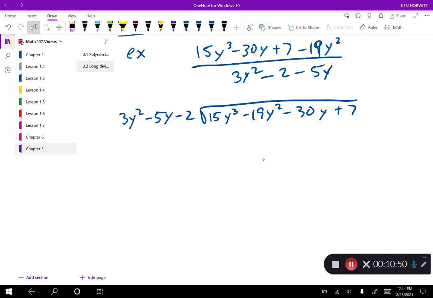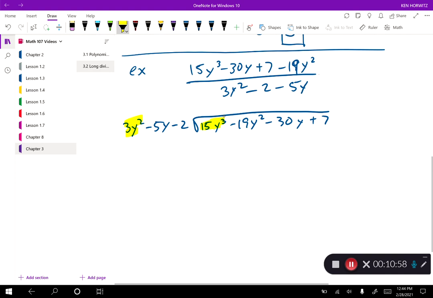So the first question is, how many times does 3y squared go into 15y cubed? And I'm going to shrink that a little bit so I can do a little bit of scratch work. You can say 15y cubed over 3y squared. And when you simplify this, you wind up with 5y.